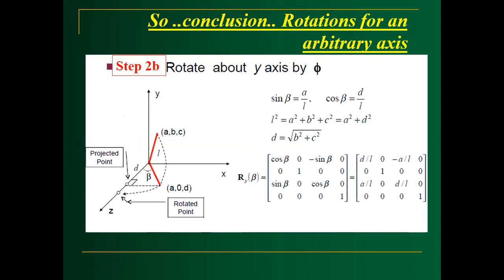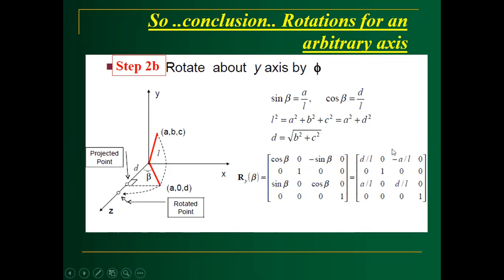So step 2b, rotate with the y-axis. So this is the rotated, and this is the perpendicular normal, 90 degrees, beta, opposite, adjacent, hypotenuse. So this gives L square plus B square plus C square. If you imagine that vector, the entire cube, as a unit vector, you can take it as 1.